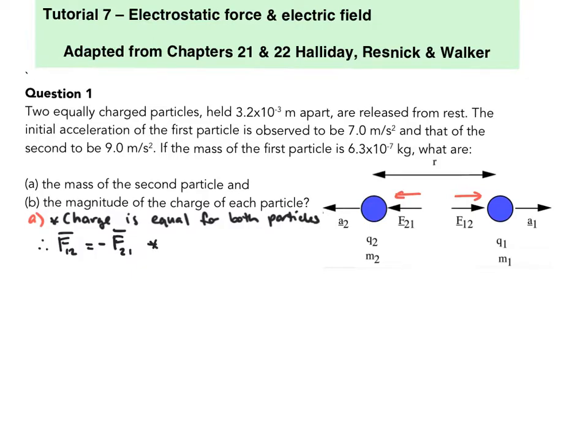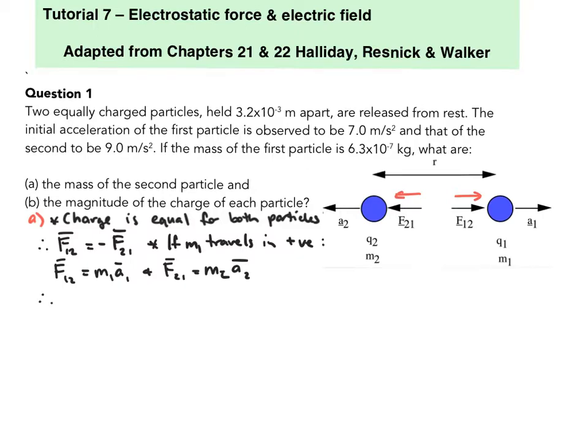So, if M1 travels in the positive direction, we can say F12 equals M1A1 and F21 equals M2A2.